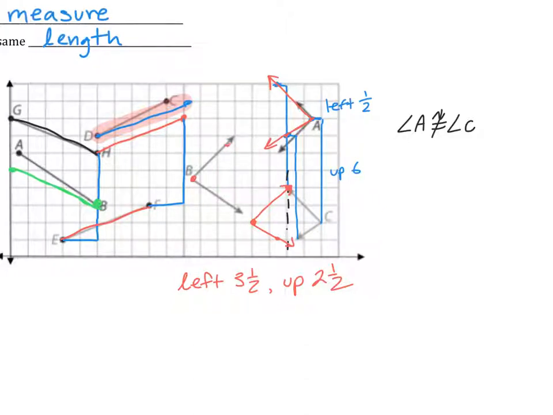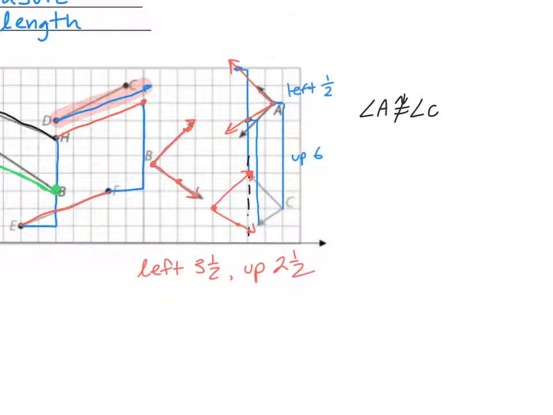And it actually falls on this line right here. And now let's try from right here. So let's go 1, 2, 3.5, and then up 1, 2.5. And that brings us right here. So if you connect through your dots, you'll see that it does make the exact same angle.